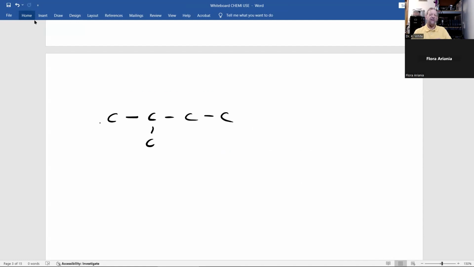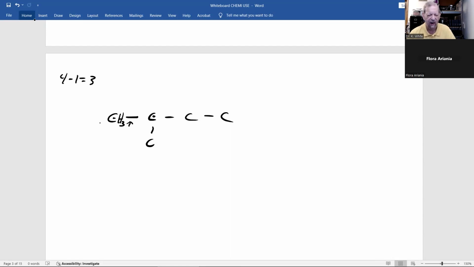If I were to ask you, put in the hydrogens, and there's a problem like that in the problem set, this first carbon has one bond to it. There's always four bonds to carbon. 4 minus 1 is 3. So that means this should have 3 hydrogens.